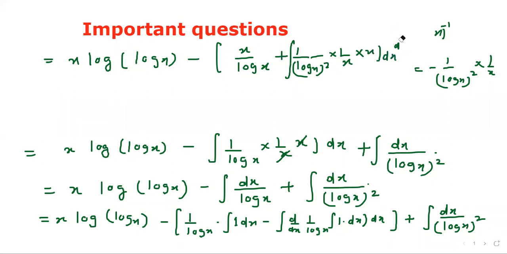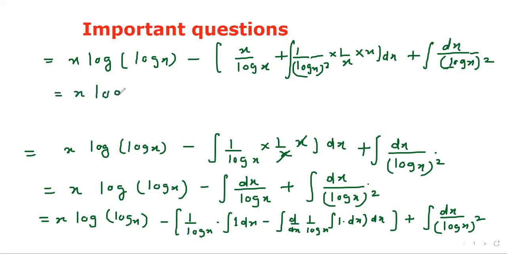Plus the next term, so plus this integration dx divided by log x whole square. So it will become x log of log x minus x upon log x, and this x will cancel out and this minus sign will make this integration negative.